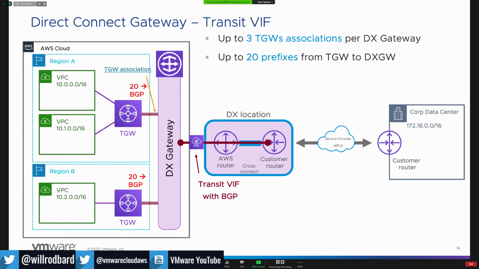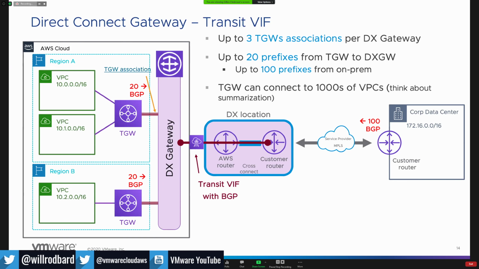So once you do that, there are some limits. Now we have up to 20 BGP prefixes only, not 100, only 20. And so we have three associations that gives me 60 prefixes going to on-prem and 100 coming back. Okay, go figure. Anyway, you need to be careful of all these things.